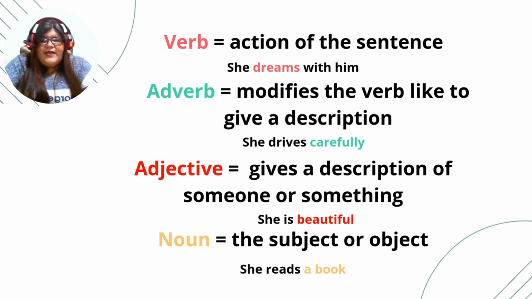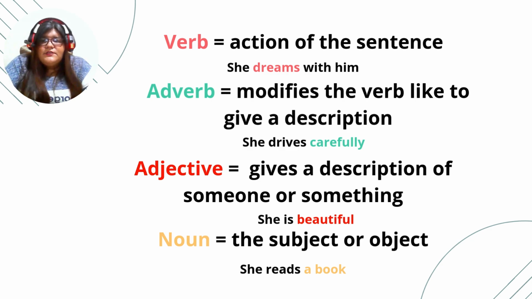Then we have the adjective. The adjective gives a description of someone or something. For example, she is beautiful. I am giving a compliment to her, right? Then we have the noun, which is the subject or object of a sentence. But what is a subject?